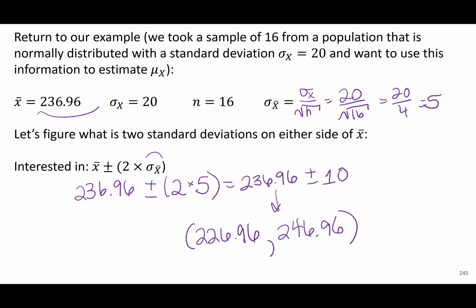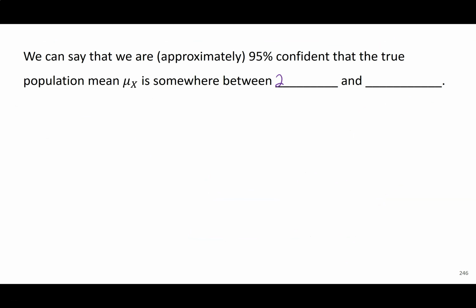So what we're saying is, our approximately 95% confidence interval for the mean, mu of x, is from 226.96 to 246.96. We anticipate mu of x is somewhere in there. So we can say we're roughly 95% confident the true population mu is somewhere in here.